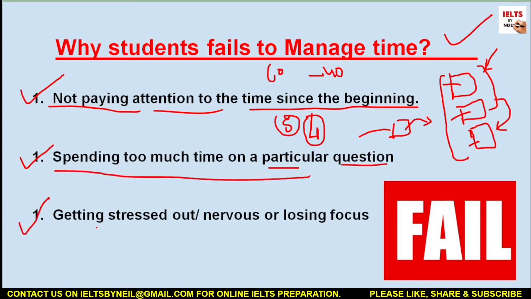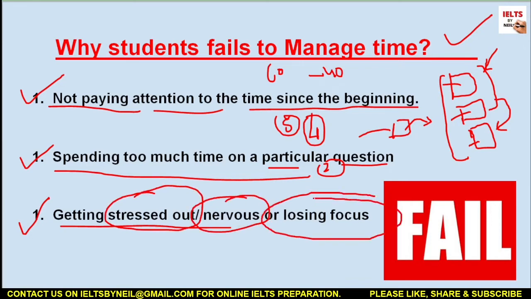The next one is getting stressed out, nervous, or losing focus. This is the result of point number two. When you spend too much time on one question, or when you don't find the information in the paragraph, we all stress out, we all get nervous, we all lose focus. In this case, you have to stay calm.